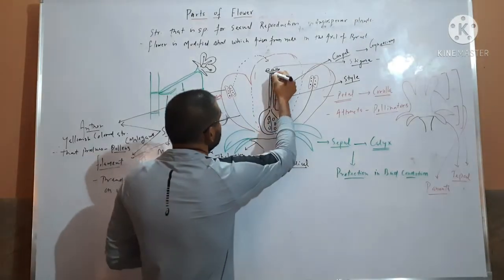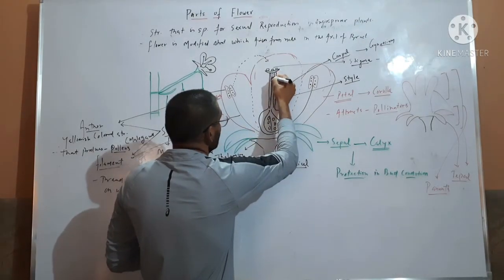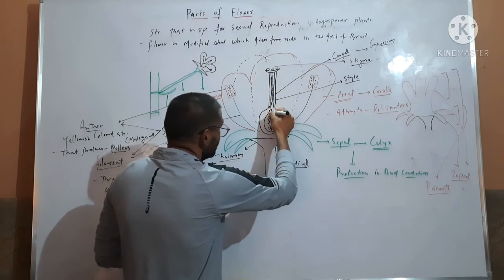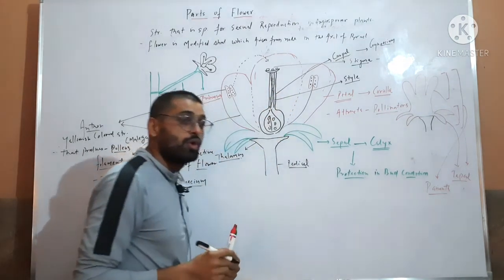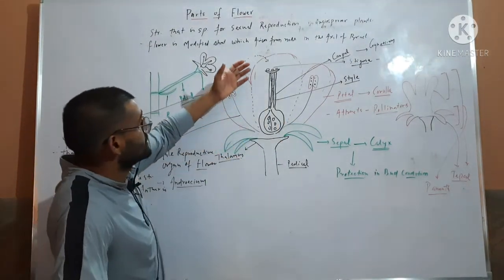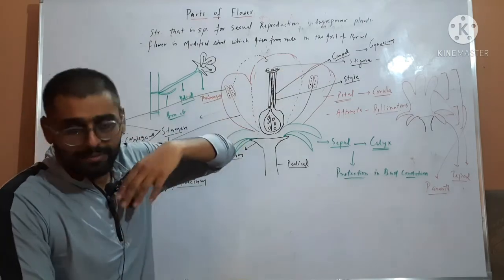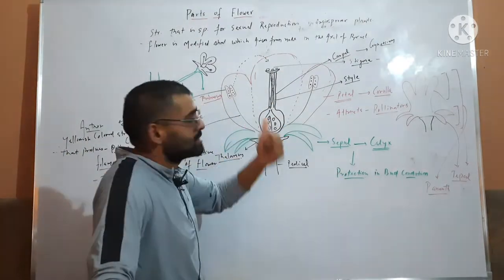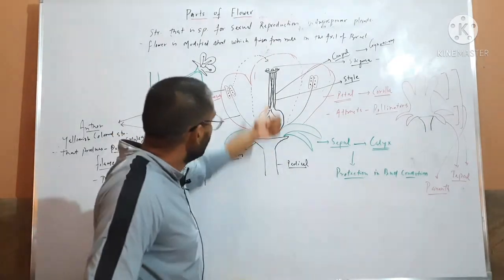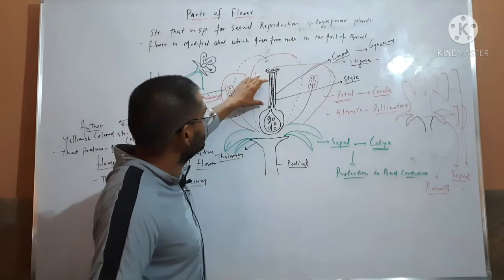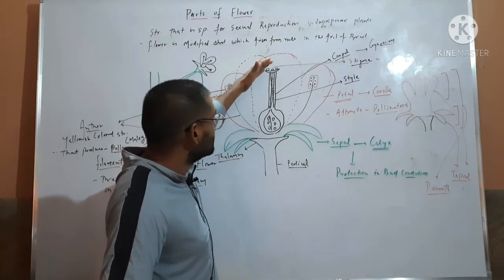Pollen will pass through this hollow tube, and from this hollow tube it will reach the ovary and ovule. So the stigma is a landing platform. It provides a platform for pollen. Style is a long hollow tube. It provides a passage for pollen grain. It connects stigma and ovary.